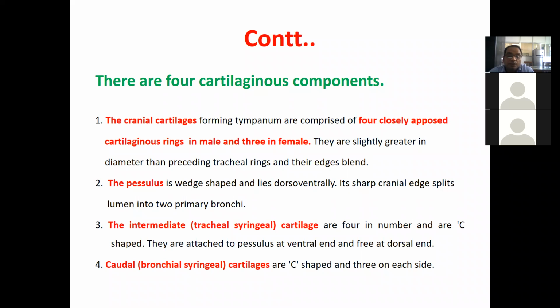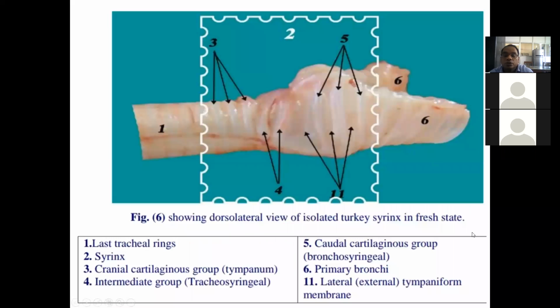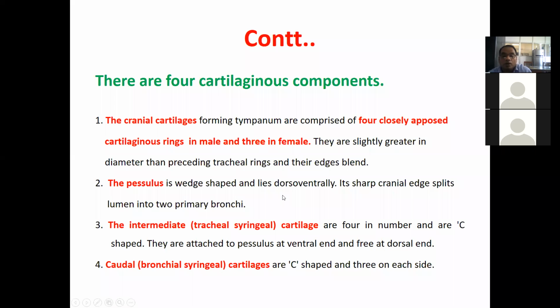Another is the intermediate or the tracheal syringeal cartilage. Intermediate cartilage. This is the intermediate cartilage. You see this one. This is the intermediate cartilage. These intermediate cartilages are four in number and are C-shaped cartilages. That is the C-shaped cartilage.